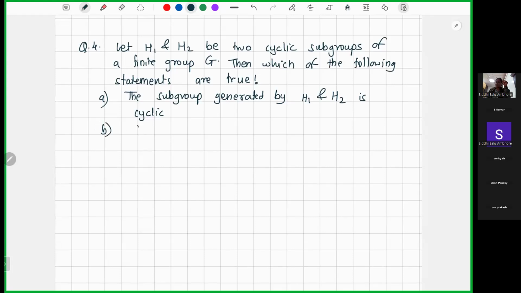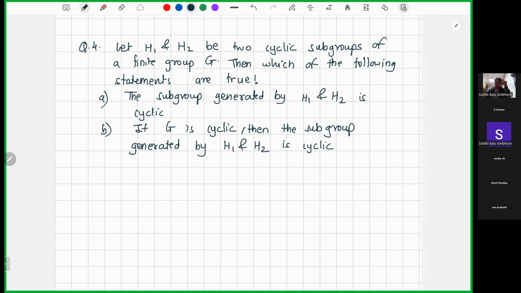And P is that if G is cyclic, then the subgroup generated by H1 and H2 is cyclic.